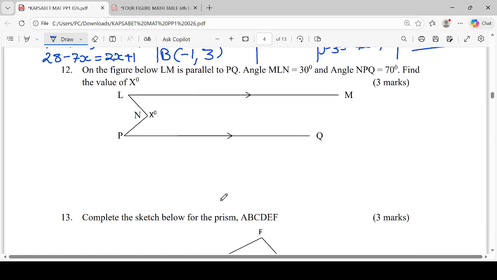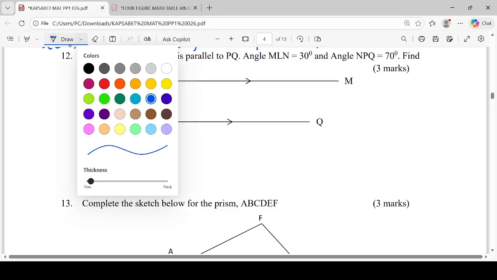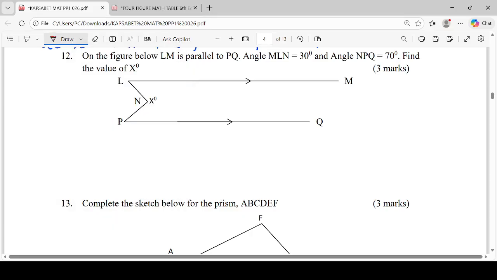Question number 12. On the figure below, LM is parallel to PQ. Angle MLN is equal to 30 degrees and angle NPQ is equal to 70 degrees. Find the value of x. So here, I'm going to extrapolate these lines a bit so that they can be easily understood.